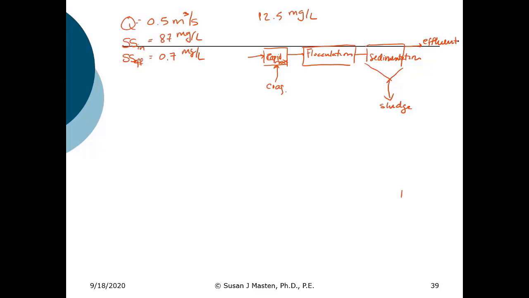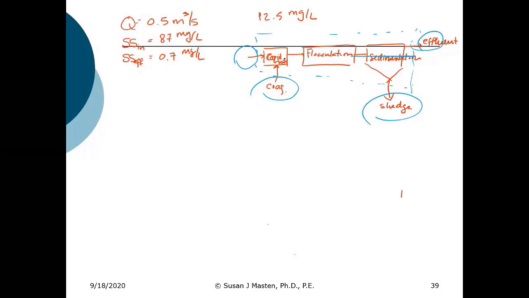So really when we're thinking about this, if I'm going to draw my system boundary, and I wanted to do a mass balance, I'm going to draw my system boundary across this entire system. So I'm actually looking at the water in, the coagulant in, the effluent out, and the sludge that I'm producing.